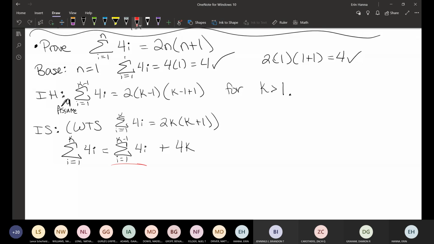And now the point is that we've made the one side of the inductive hypothesis show up, so we can replace it with the other side of the inductive hypothesis. Sorry, that's not my inductive hypothesis. That's one reason why maybe you shouldn't write that. But sorry, the inductive hypothesis was up here.